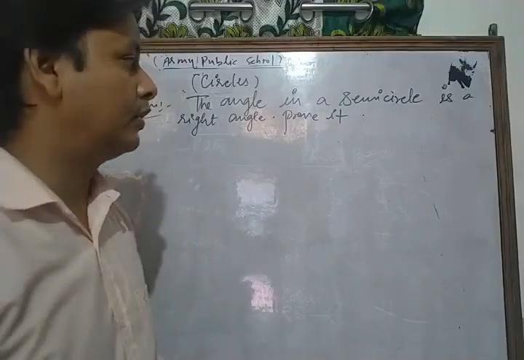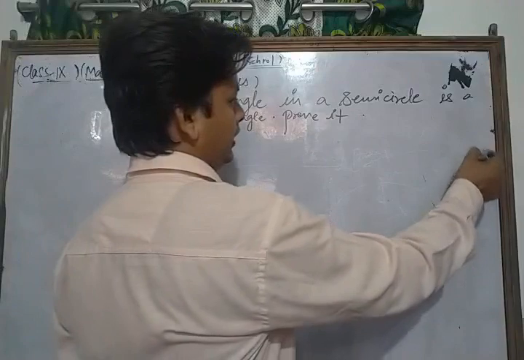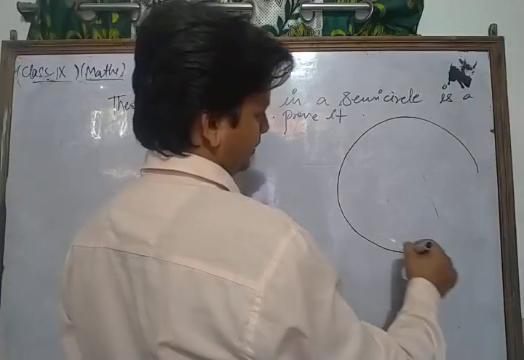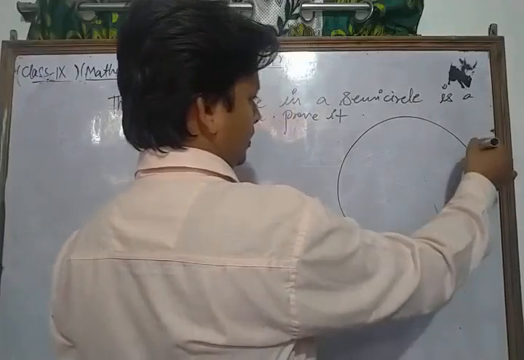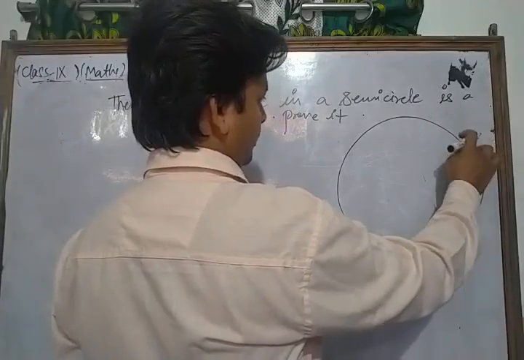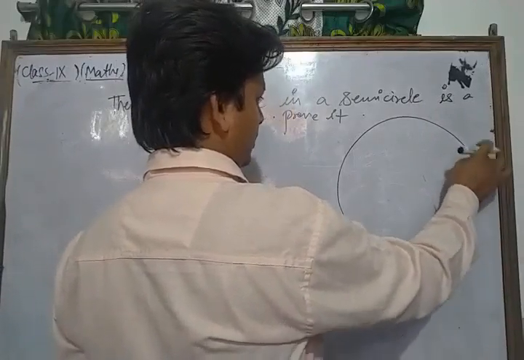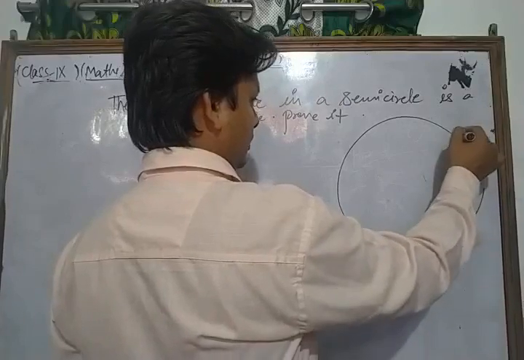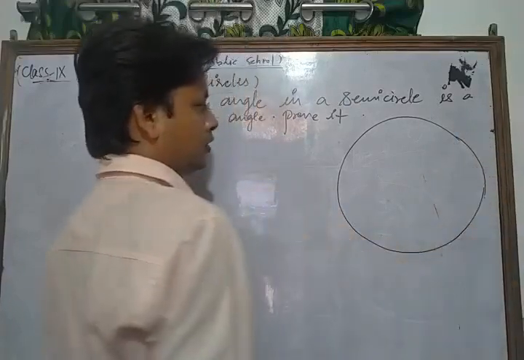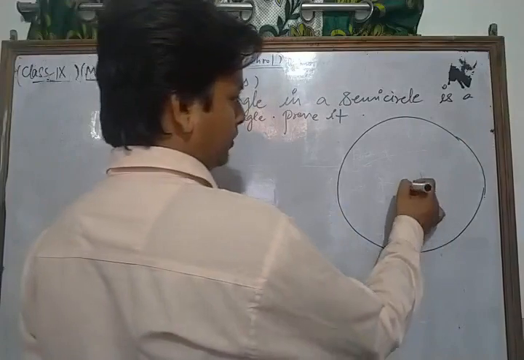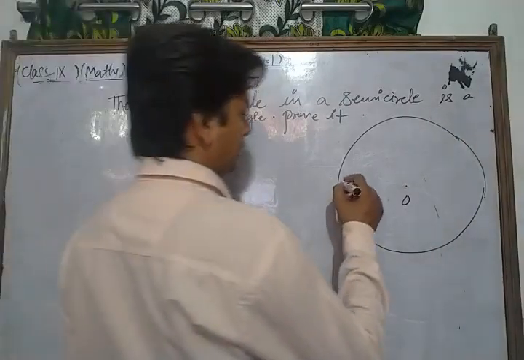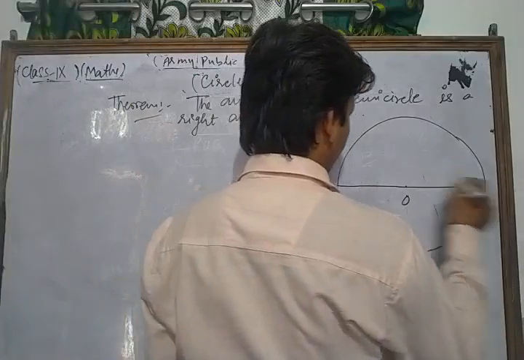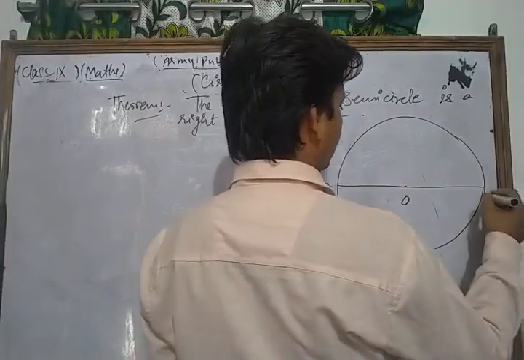Prove it. So first of all, we draw a circle in which O is the center of the circle. Let us take AB as the diameter.